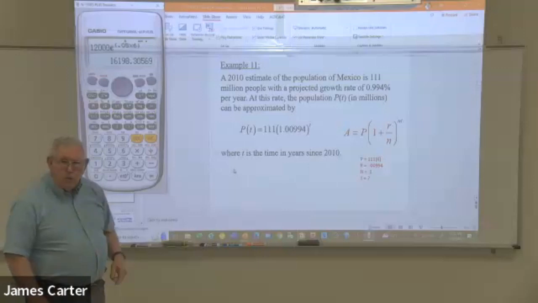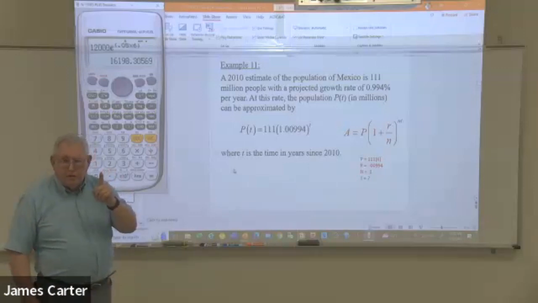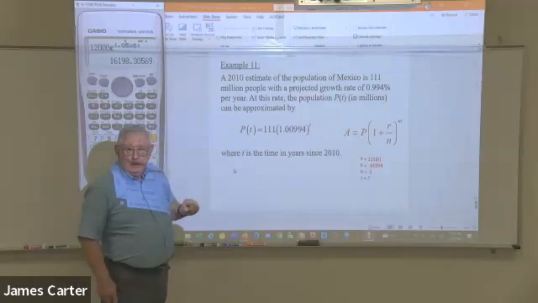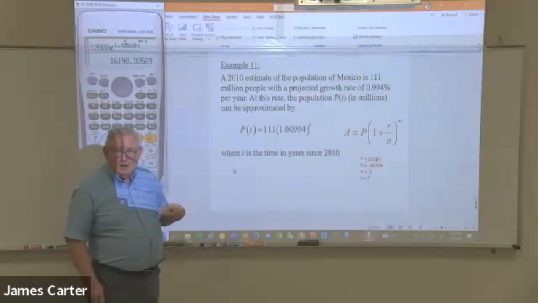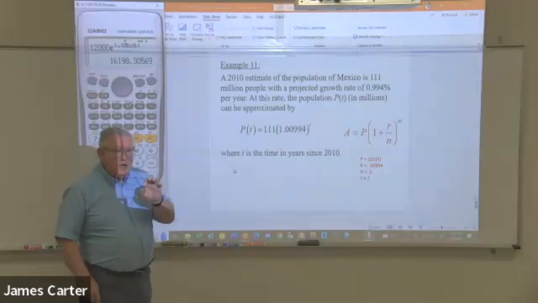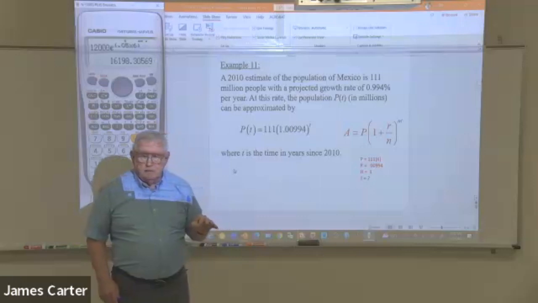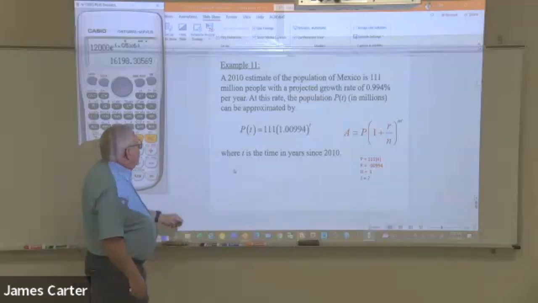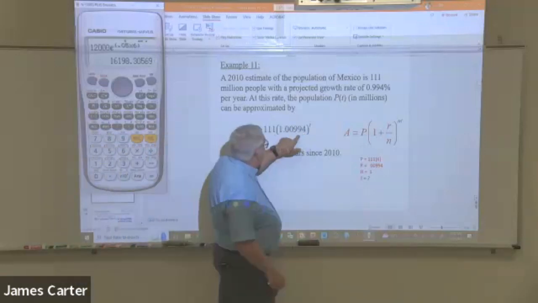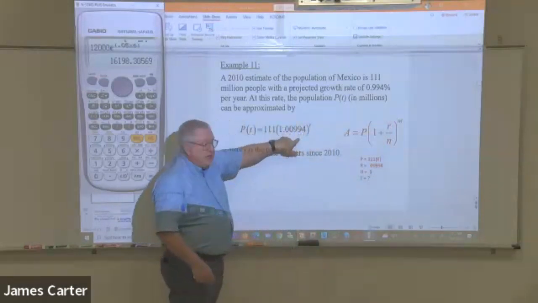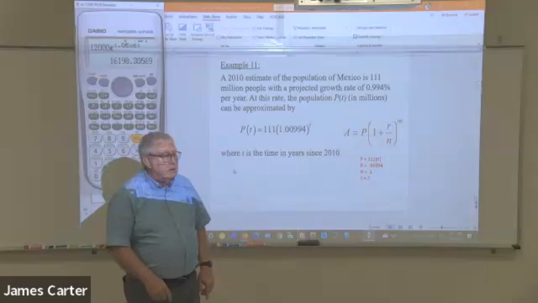Why did they use a 1 for annually? There's a hidden word in here that tells you that. Per year. That means annually. Okay, you got to watch out for the subtleties of the language on this. So anyway, that's why we have a fraction here, because it'd be a 1 under that.